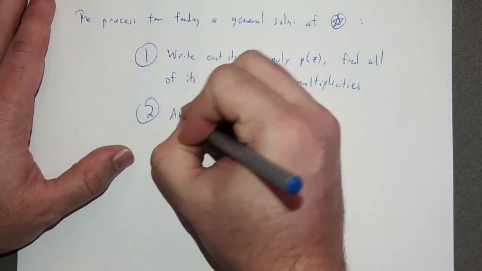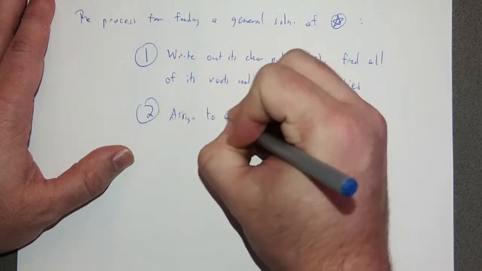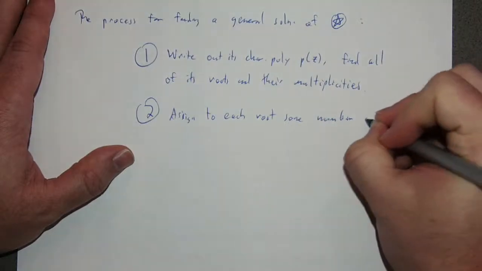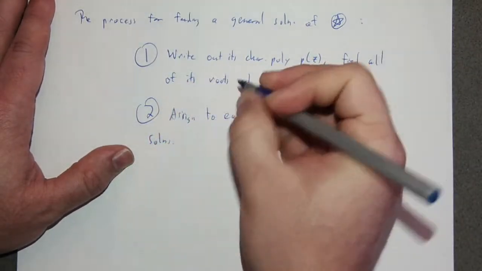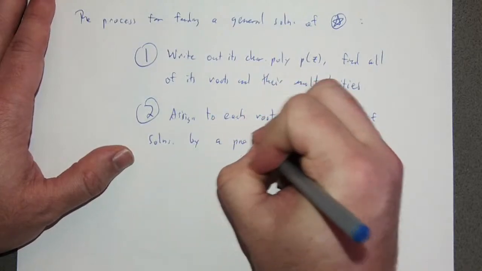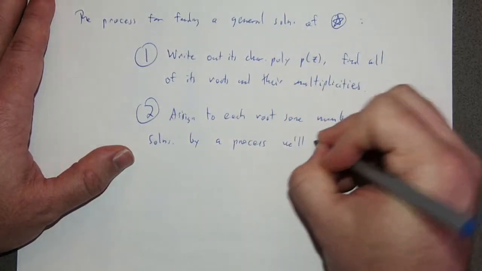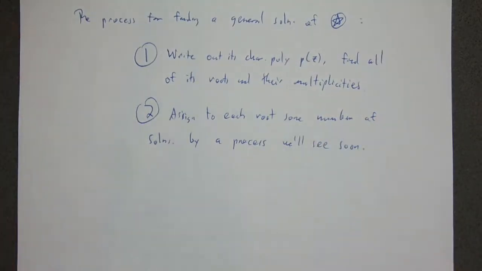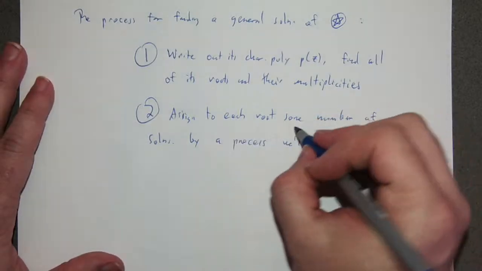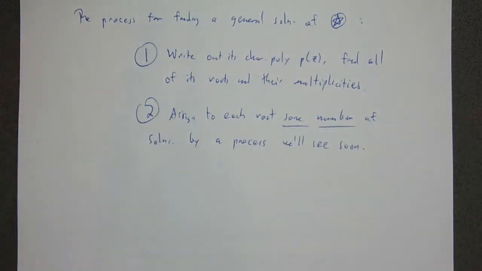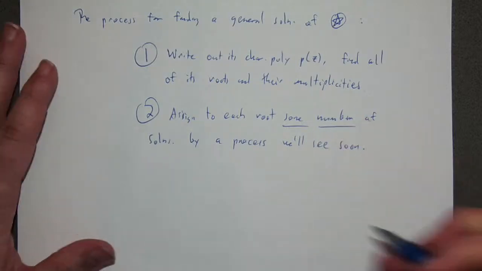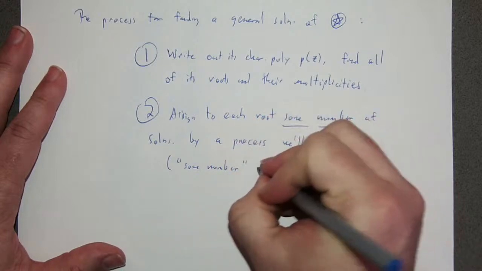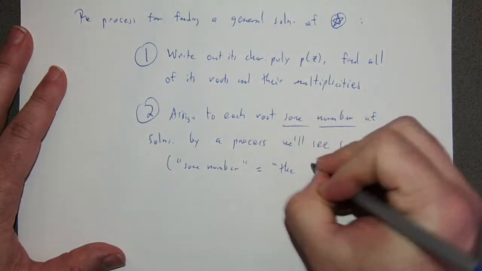Second, assign to each root some number of solutions by a process we'll see soon. Notice I say some number. It turns out the some number here is equal to the multiplicity of the root in question.